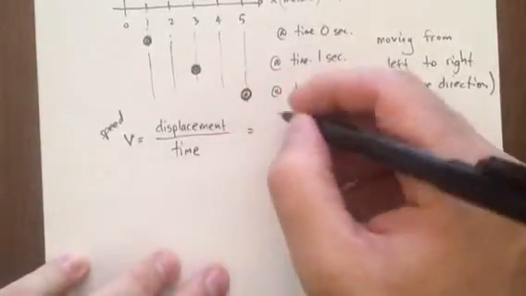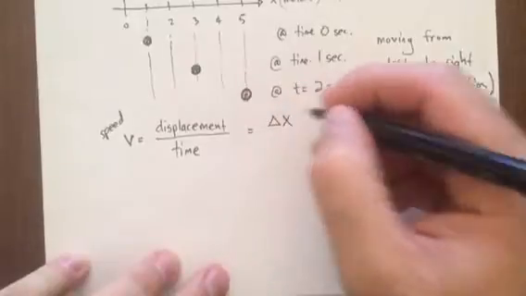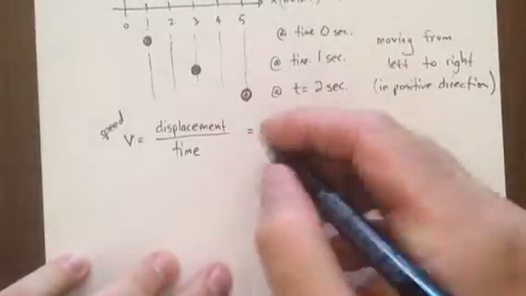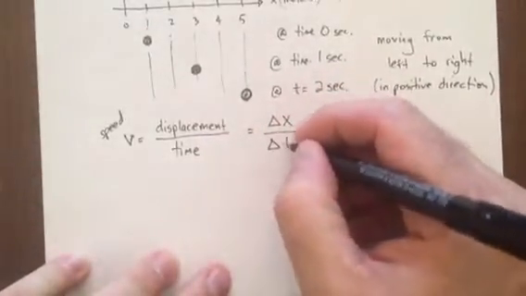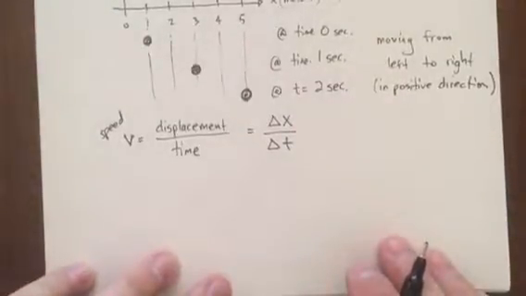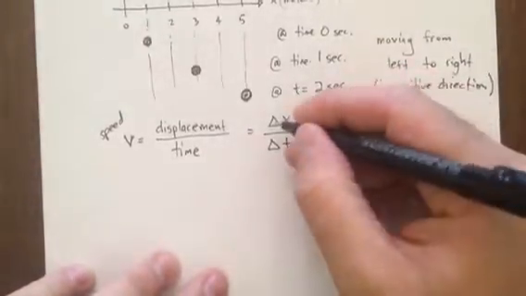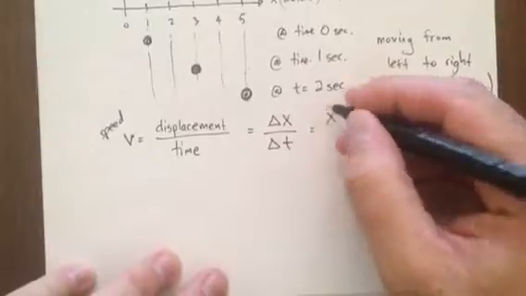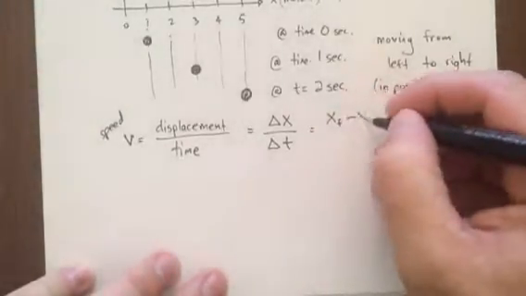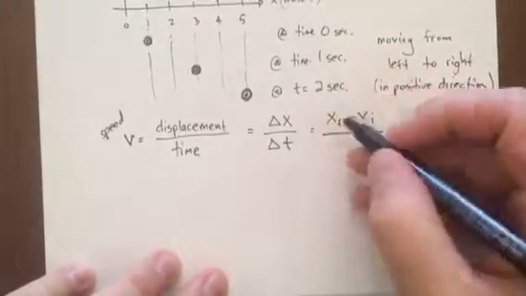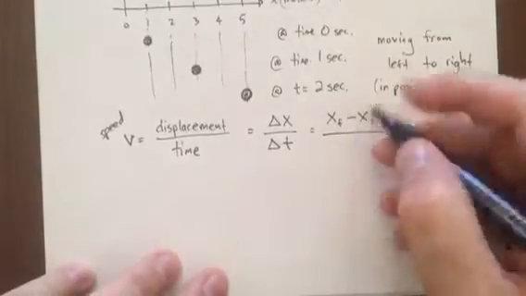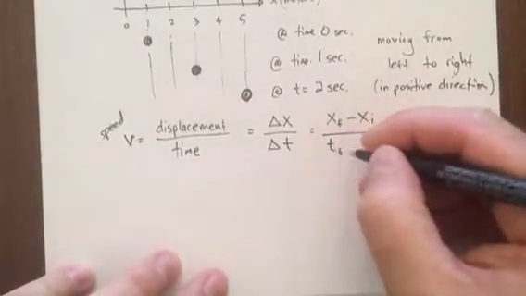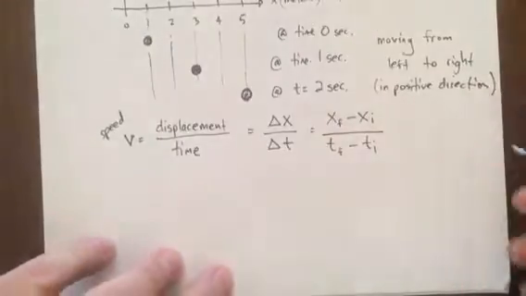This is going to be, remember our symbolism, the change in position over the time that's gone by, which would be the change in time. The change in anything is that thing final minus that thing initial. Final position minus the initial position. The same goes for time. The time final minus the time initial.